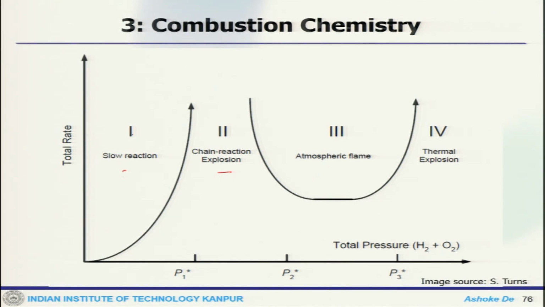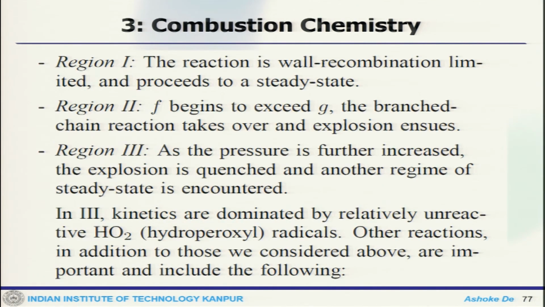In region 1, the reaction is wall recombination limited and proceeds to a steady state. In region 2, F begins to exceed G and the branching chain reaction takes over.